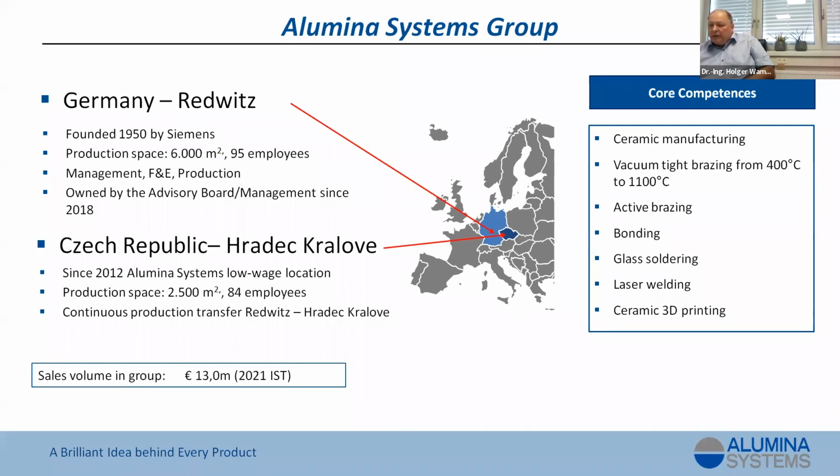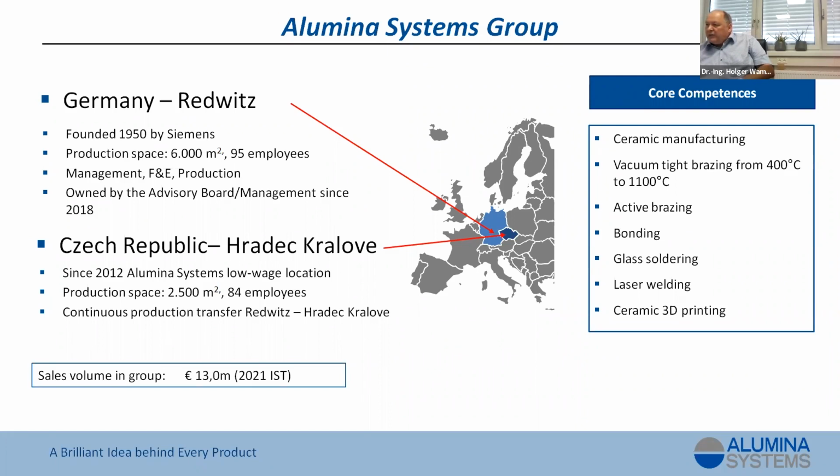In the Czech Republic, we have close to 4,000 square meters and 84 employees. We purchased the Czech site in 2011 as a low-cost production site. The sales volume in the group is around 13 million.